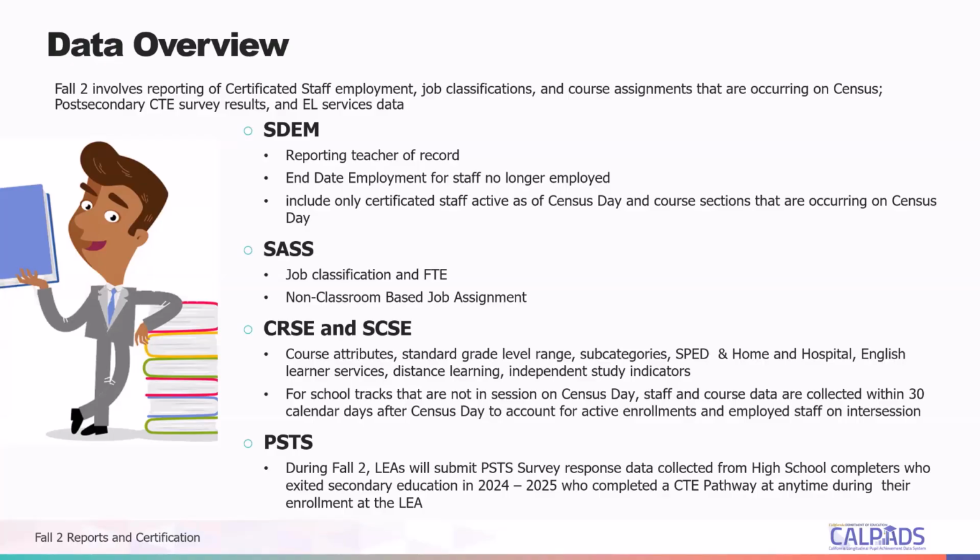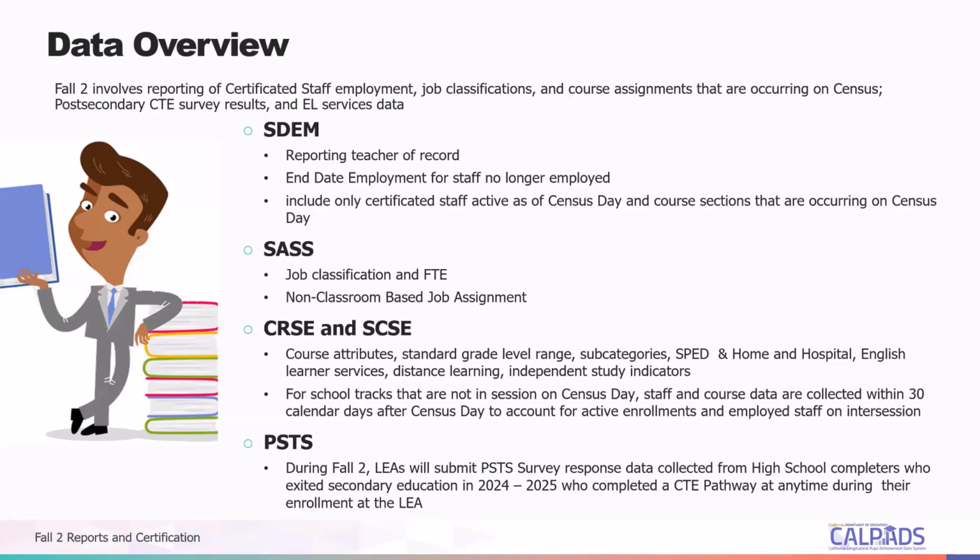The staff demographic provides us information about the teachers of record, your date of employment, how many years you've been active. The staff assignment identifies the job classification for the staff member and their FTE. The course provides us the instruction information. Those are the teaching assignments for all your teachers.